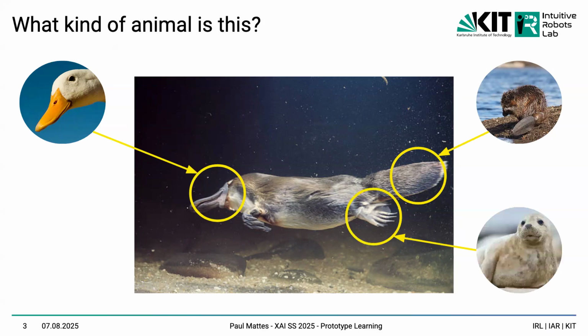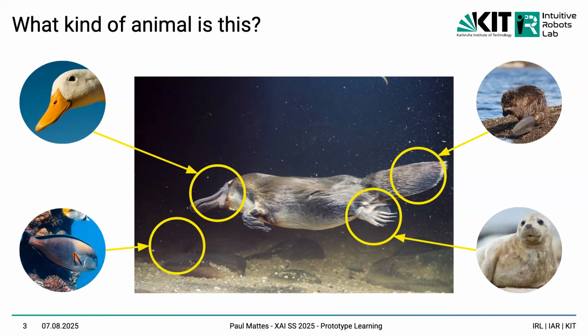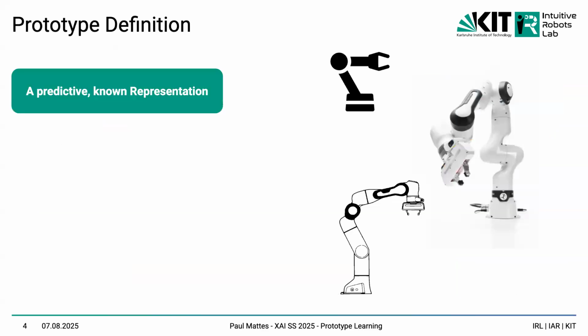If we look at the feet, it could be a seal. And if we look at what it's swimming in, well, it's water, so it could also be a fish, right? So hard to define what the thing is. If we put a head on it, it's probably a platypus, but yeah. So it's hard to define how we know what kind of animal this is.